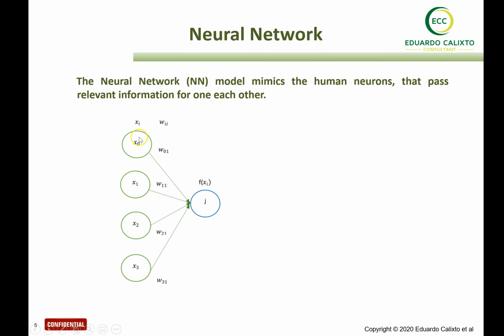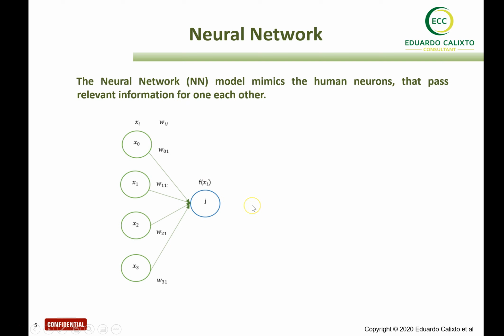Between the input and each output we have weights, and then we have an output function that will be equal to the product of each input vector value multiplied by its weight, plus the next input value multiplied by its weight, and so on for all the weights.